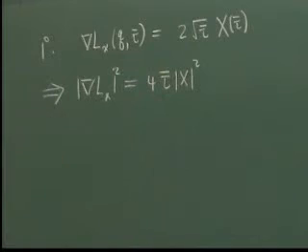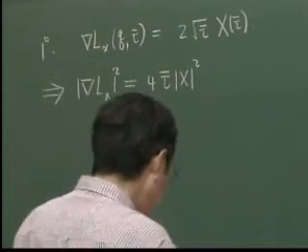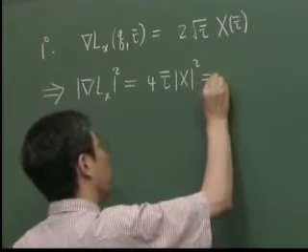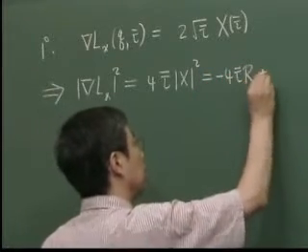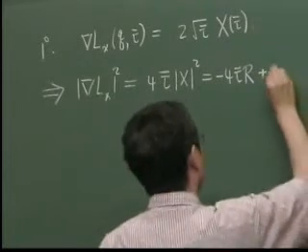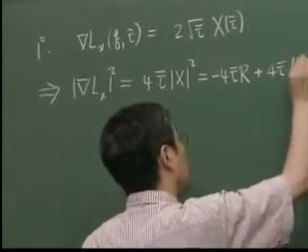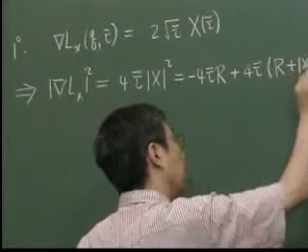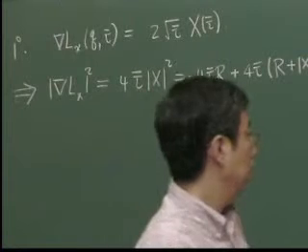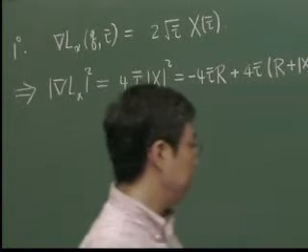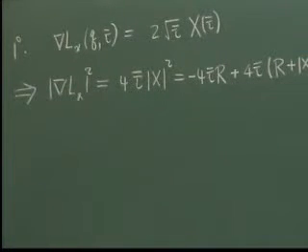Then I can rewrite this as 4 tau bar of (R scalar curvature plus this) 4 tau bar. So this is just the integrand in defining the A length. Okay, so I just write this.